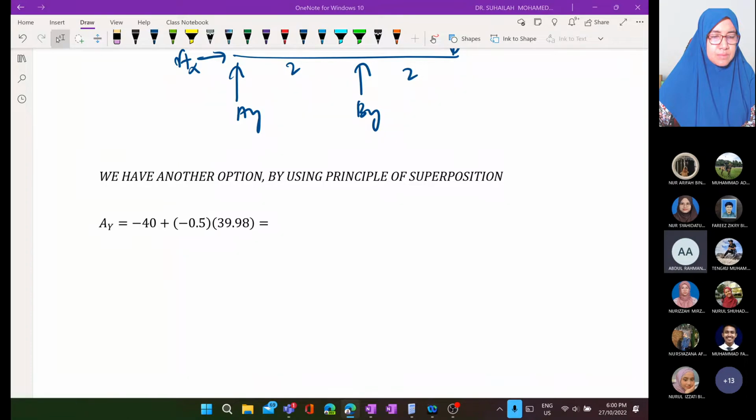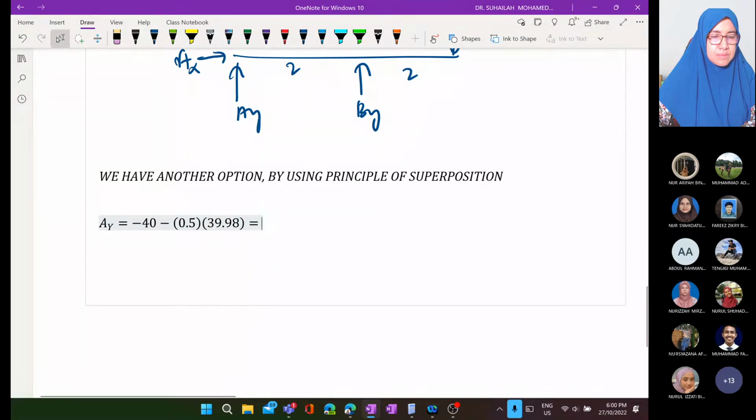Negative 1619.19. Negative 1619.19. Wait, so again, what about the rest? I get negative 59.99. 59.99.